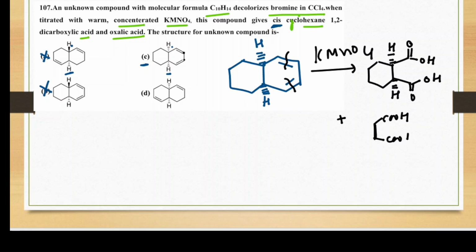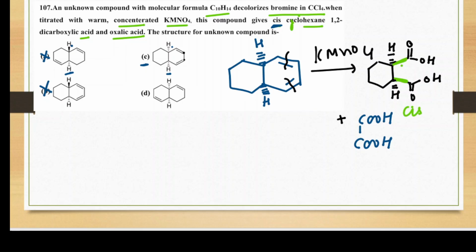So this will be converted into the acids, COOH, along with the other COOH species. This is the molecule that you are getting. Here you can see what we wanted was cis-cyclohexane-1,2-dicarboxylic acid. Both of these COOH groups are present in the same conformation, because if the hydrogen is at the dash, this will be at the wedge position.